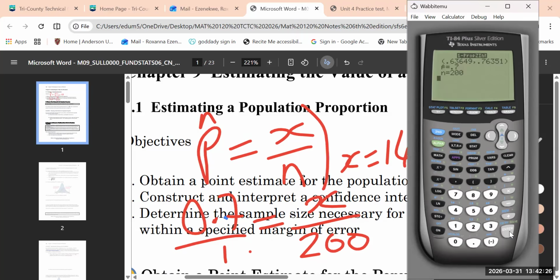In decimals, that is 0.6465 to 0.7535. So I'm going to clean here. Let me clean this part.